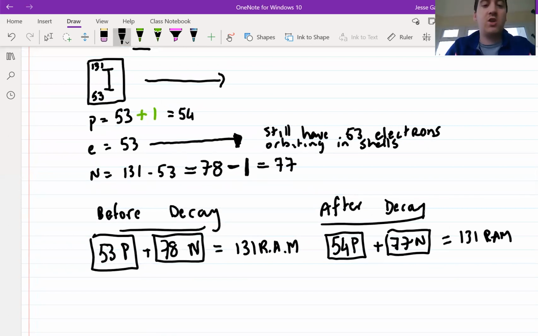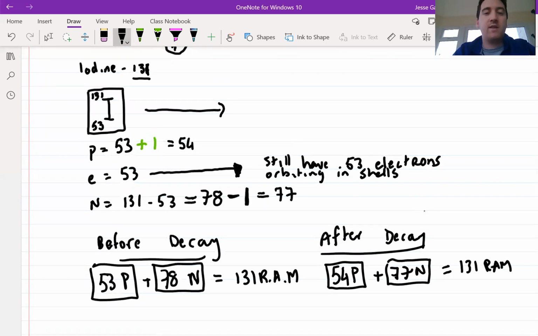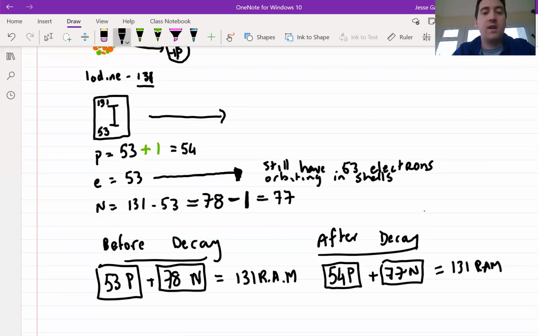Okay, so we change a neutron into a proton. And what effect is this going to have on the atom itself? Well, we started with iodine 131 up here. We have now produced a nucleus that has an atomic number of 54, not 53.